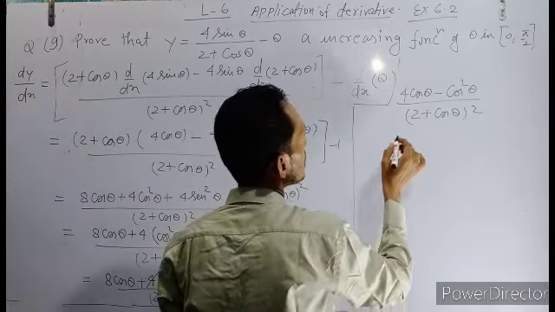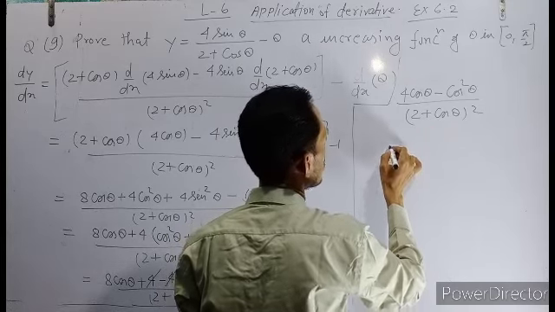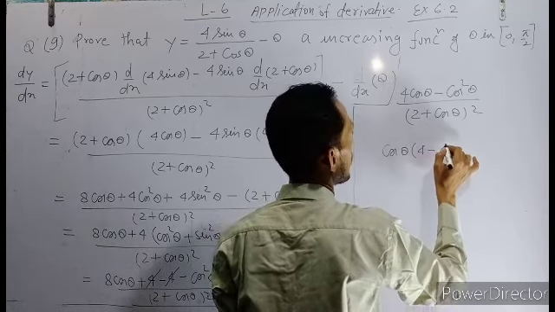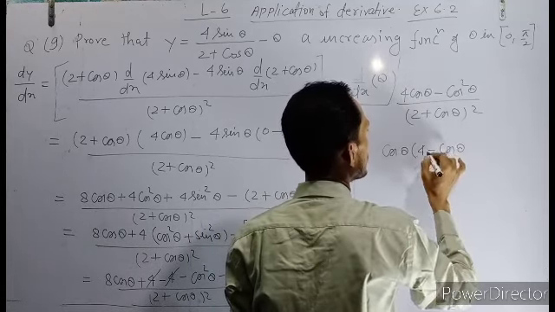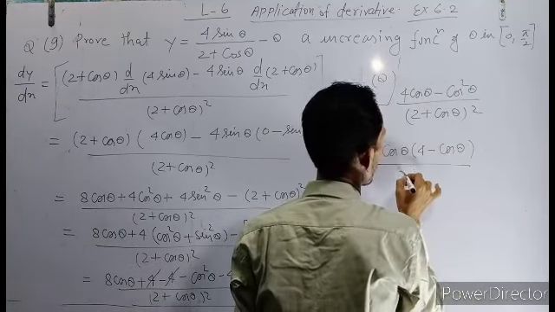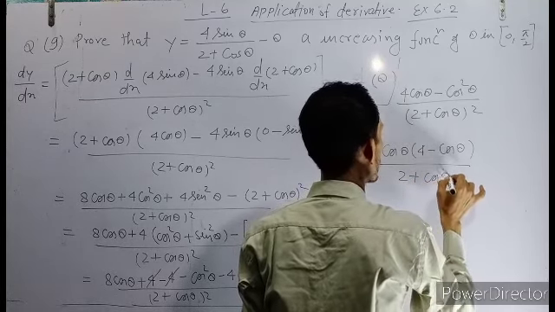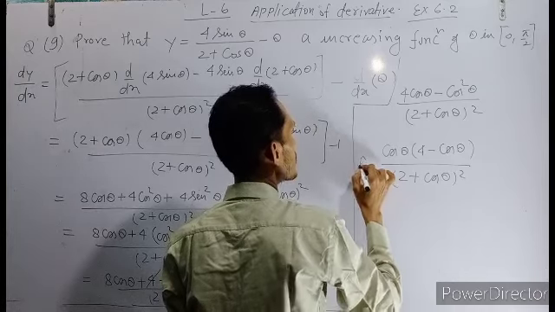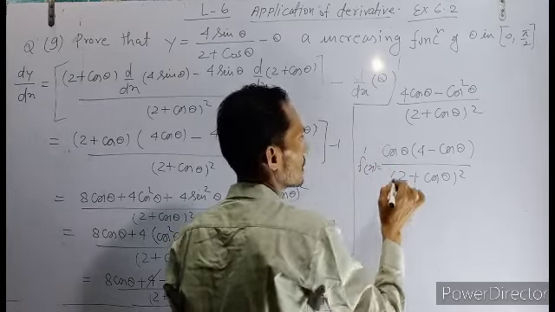We take the common cos theta, and we take common 4 minus cos theta upon 2 plus cos theta whole square. That is the first derivative, or you can say f dash x.